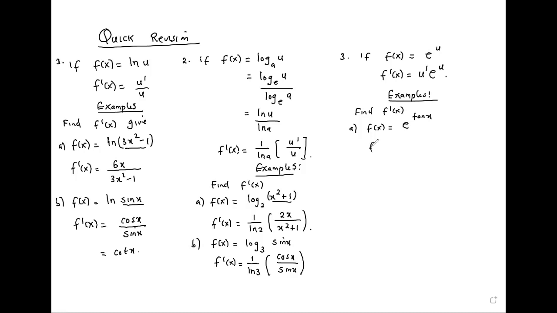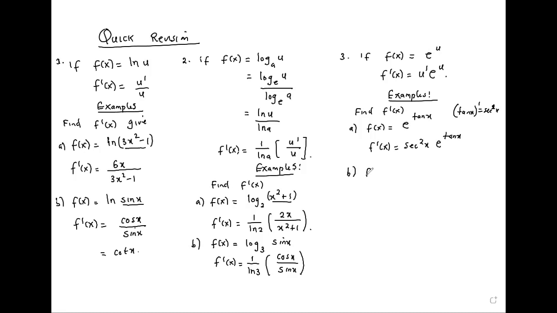The derivative of f is going to be, you differentiate tan, and the derivative of tan is equal to sec squared x. So you have sec squared x multiplied by e to the power tan x.